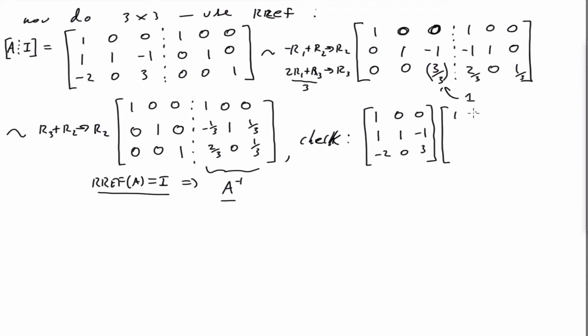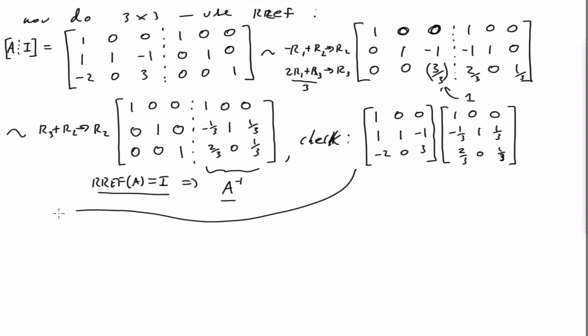So that'll be 1, 0, 0, -1/3, 1, 1/3, and then finally 2/3, 0, and then a 1/3. All right, so let's multiply this up. And it looks like we'll have to put the result down here.